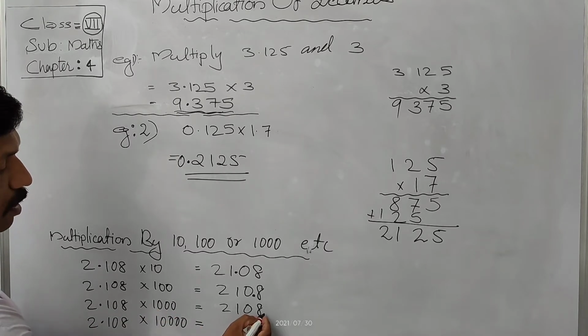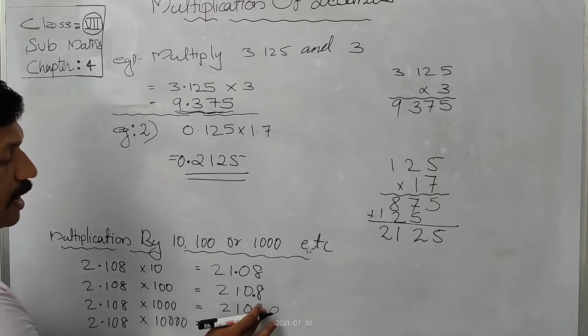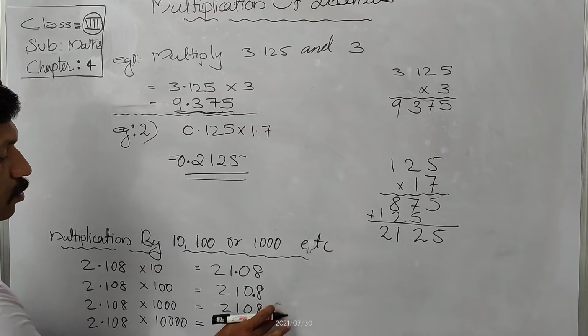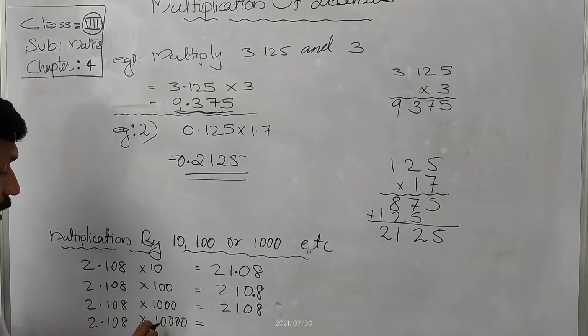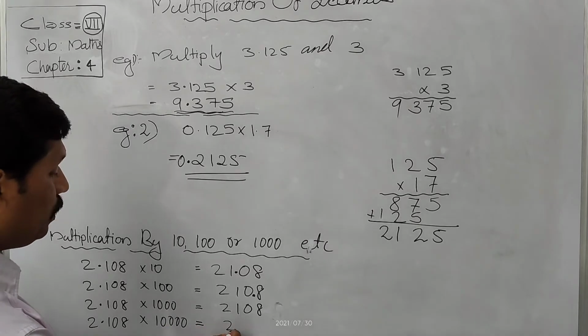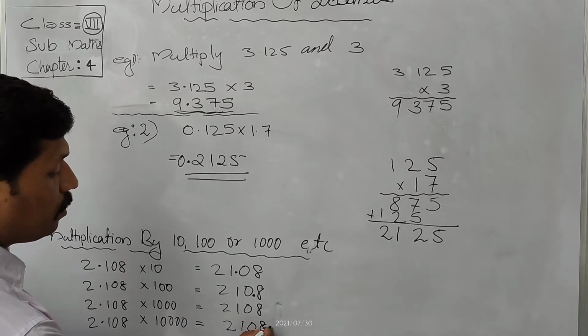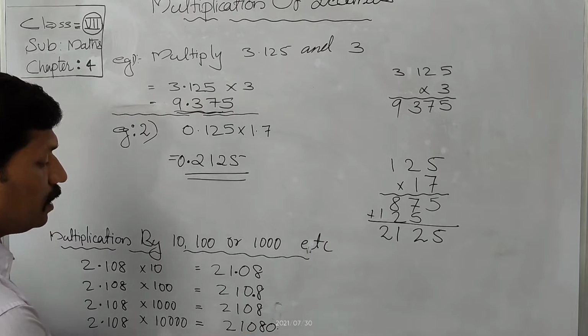So it will be 2108.0. That 0 is actually not necessary to write, so we write 2108. And if we want to multiply by 10,000, then 10,000 has 4 zeros, therefore the decimal point will shift 4 digits. But here there are only 3 digits, so we make up the missing digit by writing 0, and then we place the decimal point.